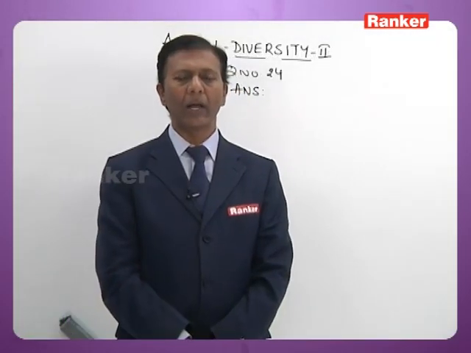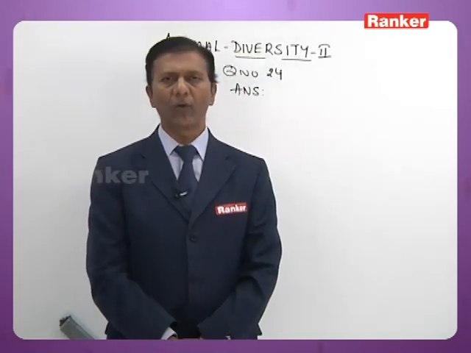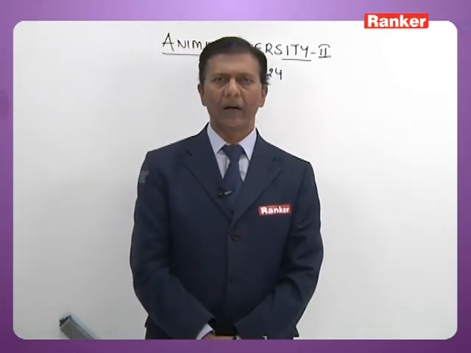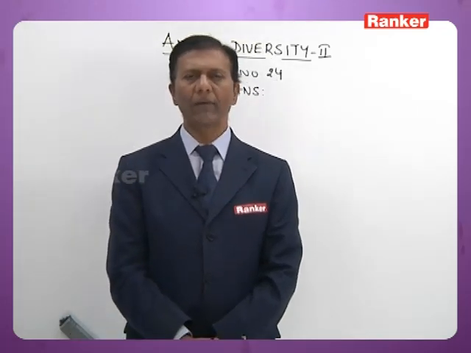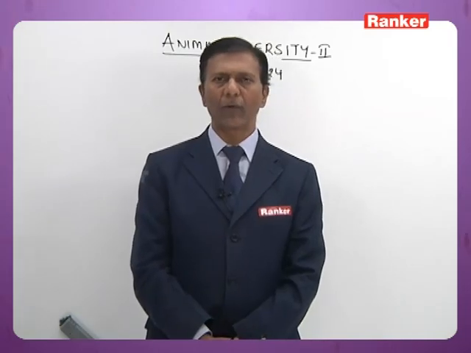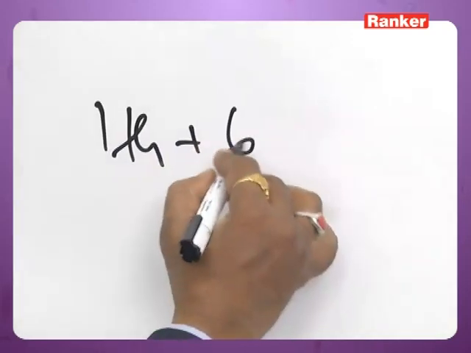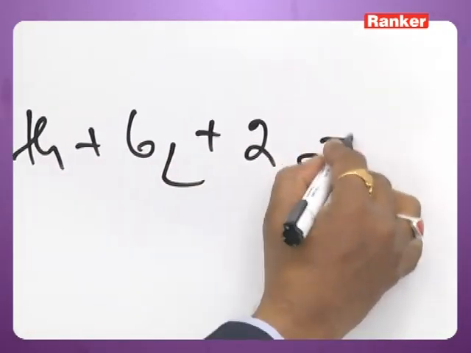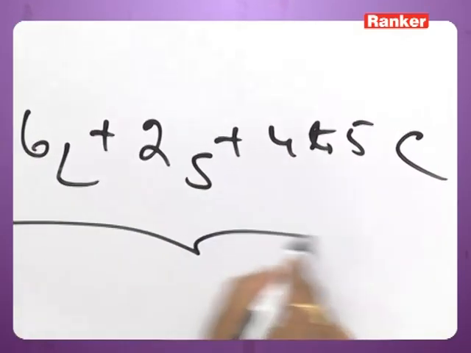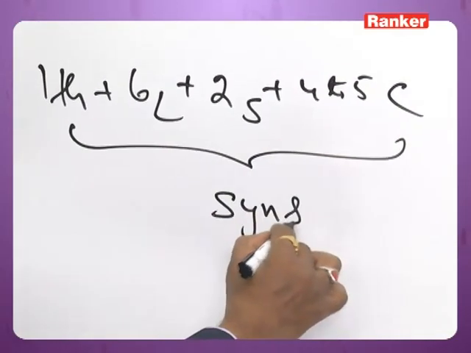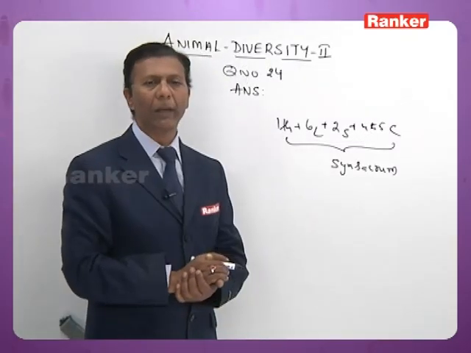Now, the synsacrum is formed by the fusion of 1 thoracic, 6 lumbar, 2 sacral, and 4 to 5 caudal vertebrae, all fused to form a complex bone called the synsacrum. The synsacrum gives support to the pelvic girdle.